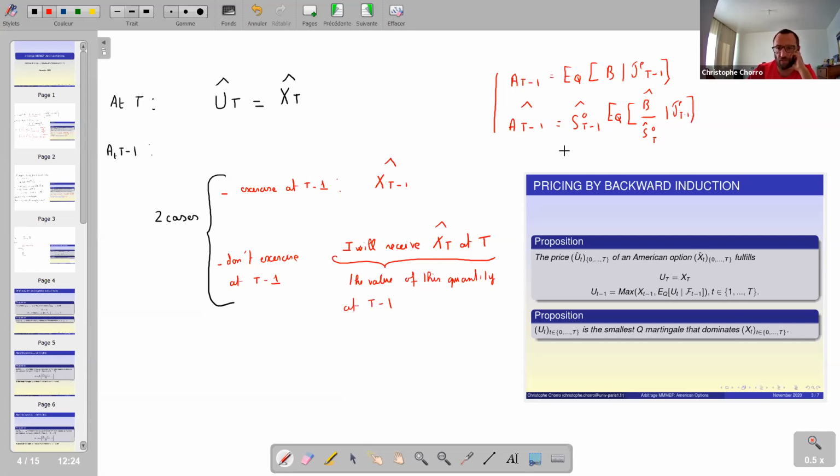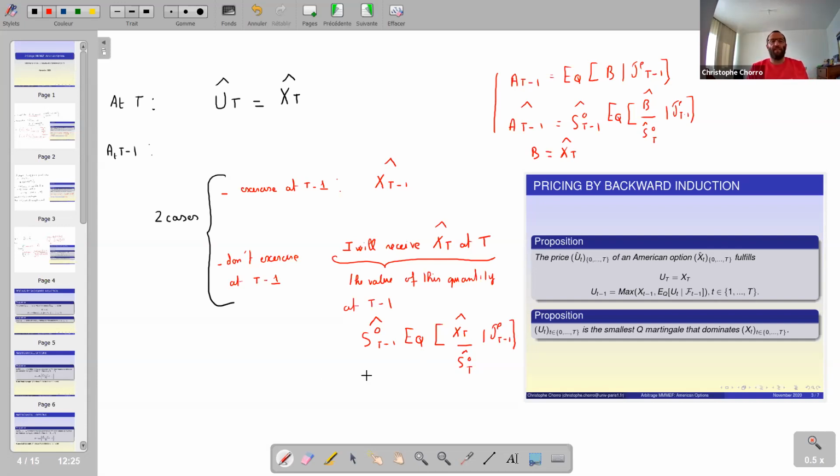And here, I just have to use this formula for B equal to X capital T. If I do the job, the value of this quantity at time T minus 1 is S0 T minus 1 expectation under Q of X capital T over S0 capital T given F T minus 1.